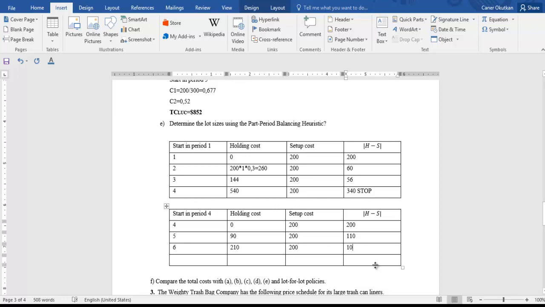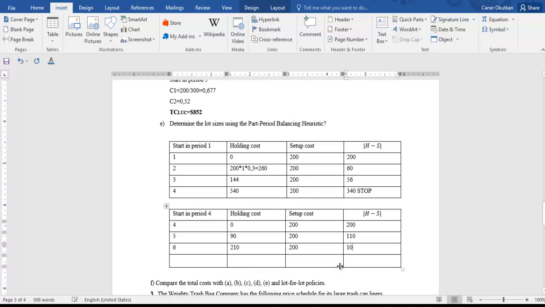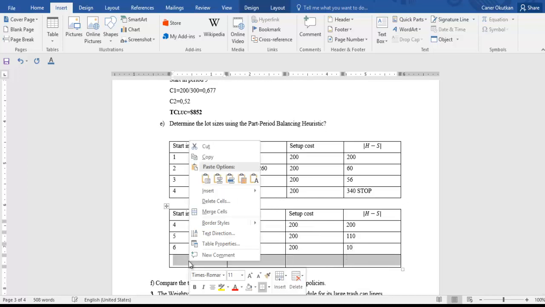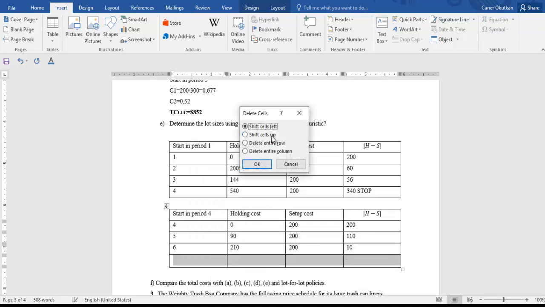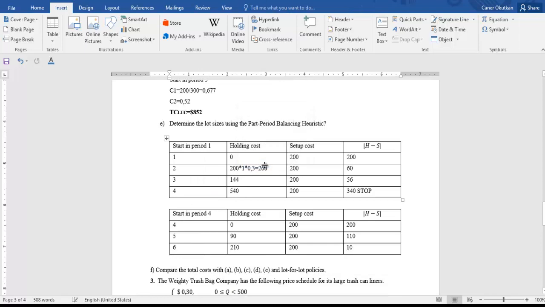difference. So we finish in this question, in this model, in this part period balancing heuristic, our order point 1 period 1 and period 4.